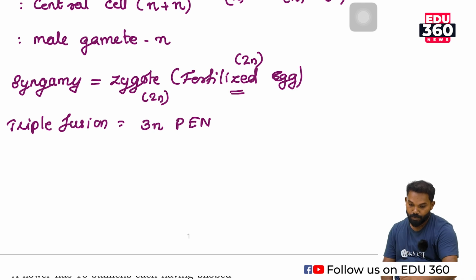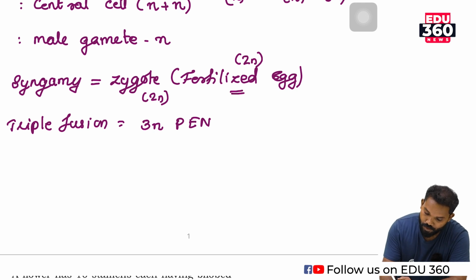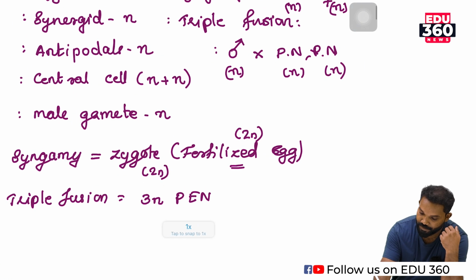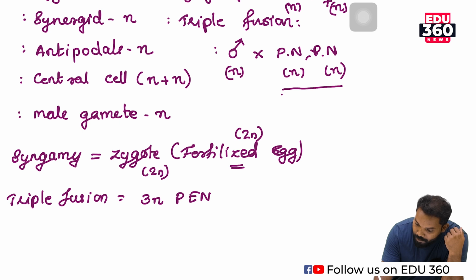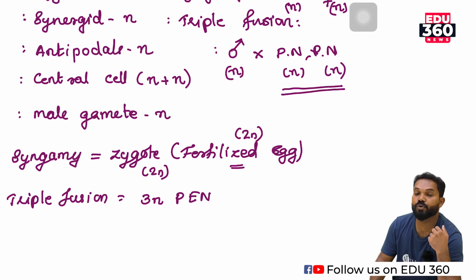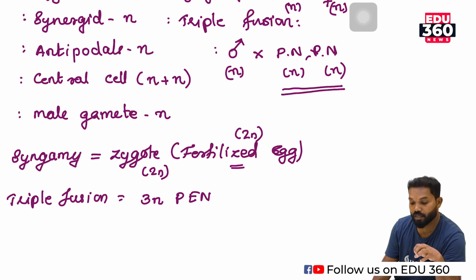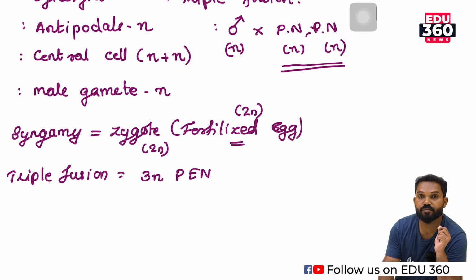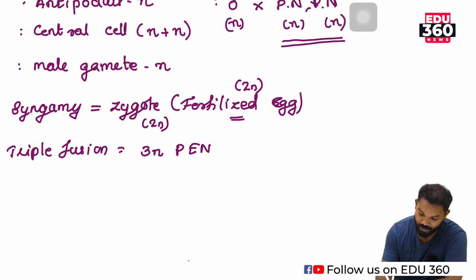The cell which contains the polar nuclei and is converted into the primary endosperm nucleus is the central cell.